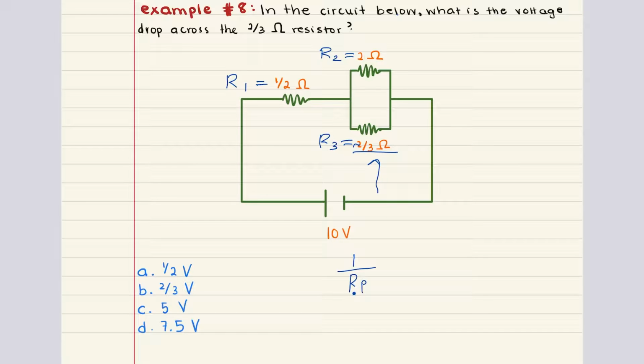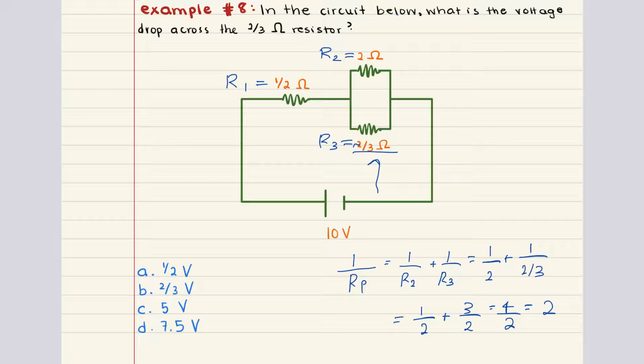1 over the resistance for this parallel circuit is equal to 1 over R2 plus 1 over R3. And that is equal to 1 over 2 plus 1 over 2/3, which we can rewrite as 1 over 2 plus 3 over 2. That's equal to 4 over 2, which simplifies to just 2.